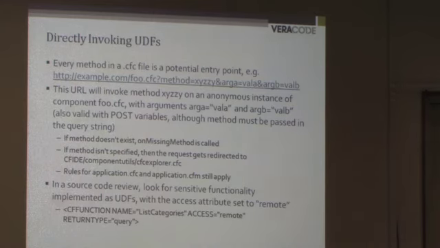So if somebody is writing a user-defined function that's intended to be used only directly by the application code, but they set the access level to remote, and that function happens to be doing something sensitive, then basically anybody could just request it directly over the web, bypassing the page that was supposed to be calling it. So that's an authorization issue to look out for if you're auditing. By default, it'll be access equals public, which allows other pages to call it, but not to be called remotely.